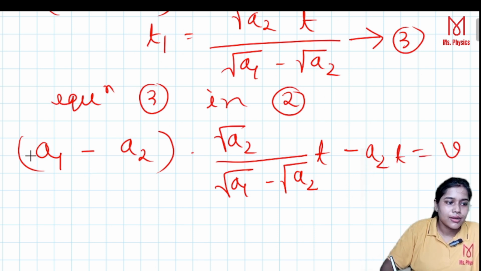Now a1 minus a2 we can write as under root a1 square minus under root a2 square.